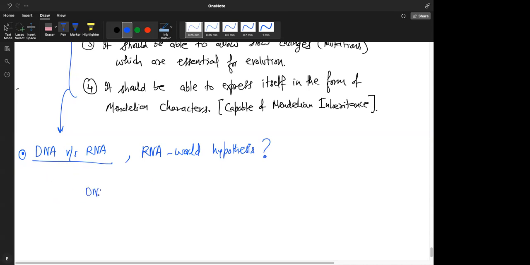And then, before you come to the next class, you will read these three things: for DNA, replication; for RNA, transcription; and for proteins, translation.